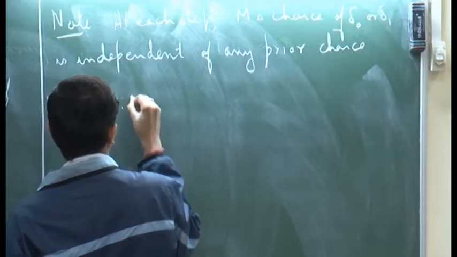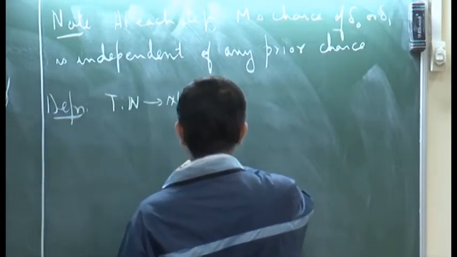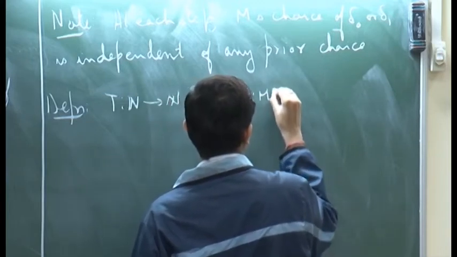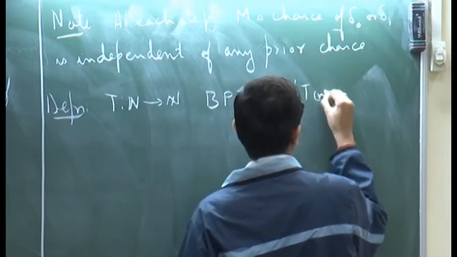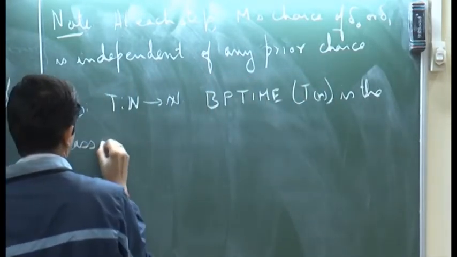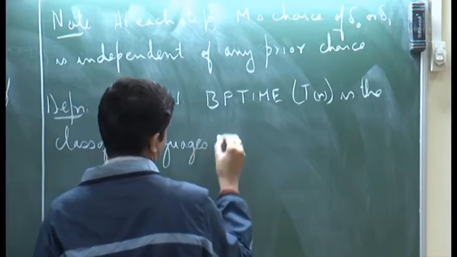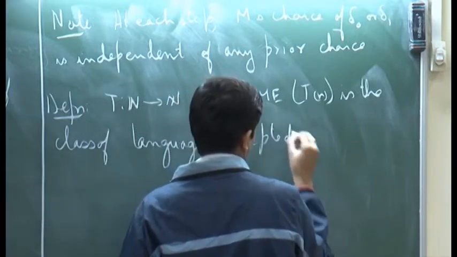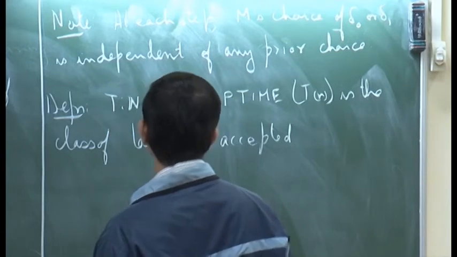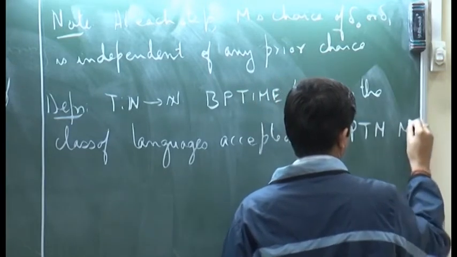Again, let t be some function from natural numbers to natural numbers, then BP time of t of n is the class of languages accepted by a probabilistic Turing machine M.